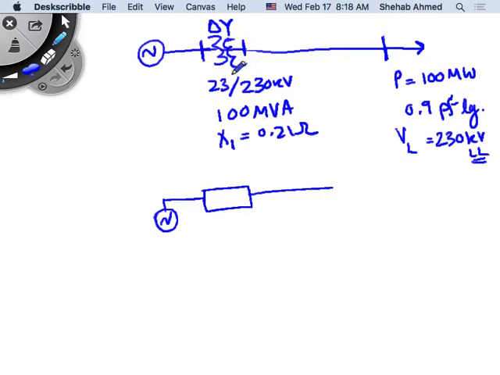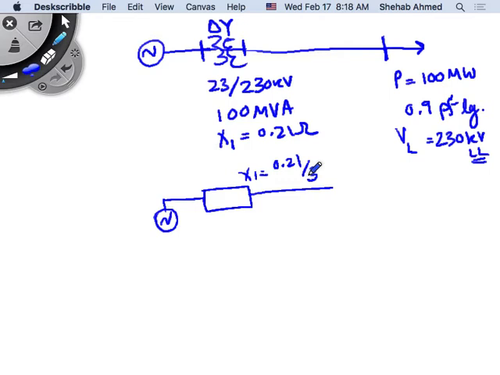But they also tell you that this is the delta star transformer. So I put its impedance here, and we said that since this is the impedance on the primary side, and this was a delta on the primary side, then we have to take this impedance. So X1 is equal to 0.21 divided by 3, right?